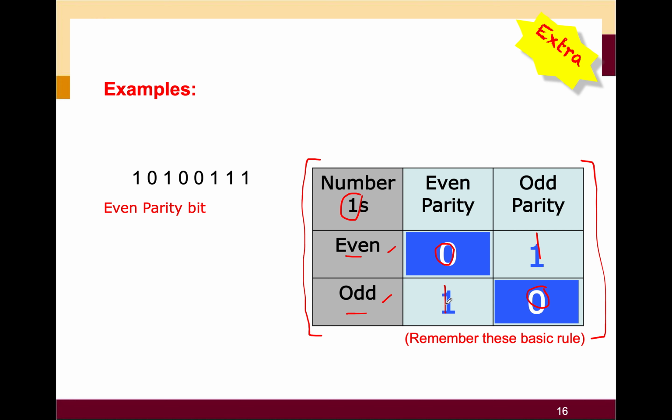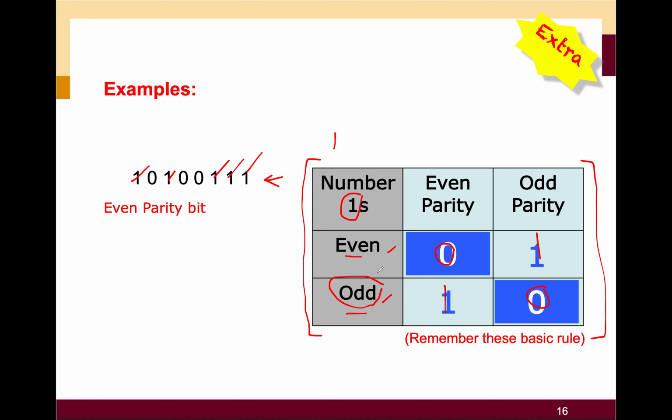So let's go for the example. You need to calculate first how many one digits are available in the given numbers. So 1 2 3 4 5. It is 5. 5 is ganjil, so it will be an odd number.